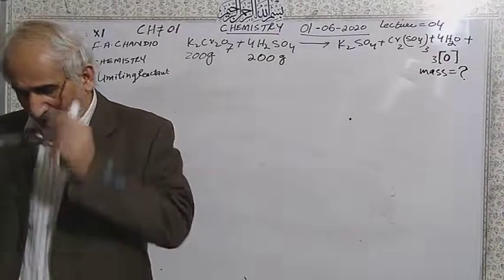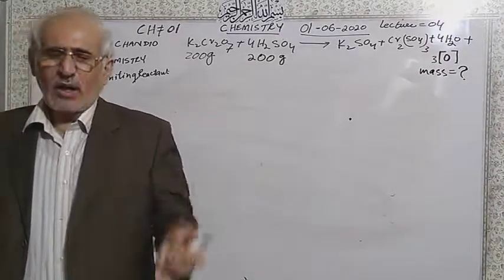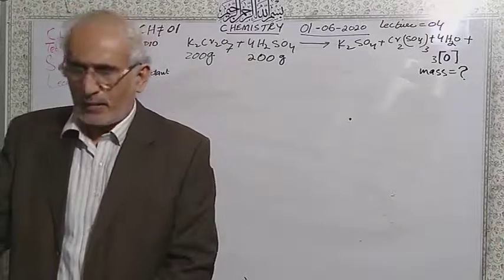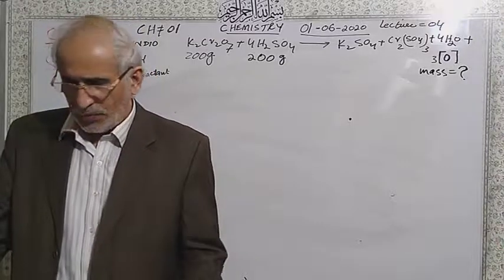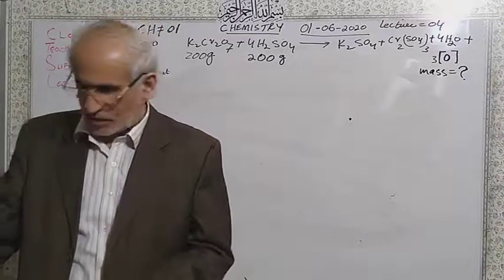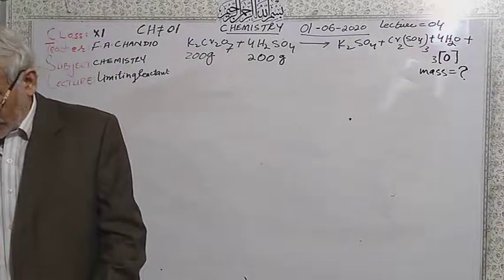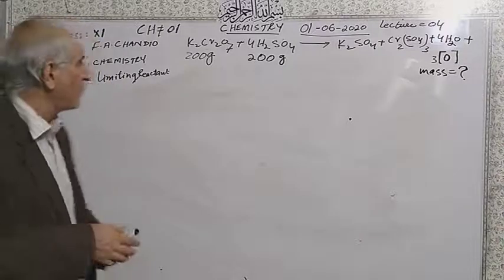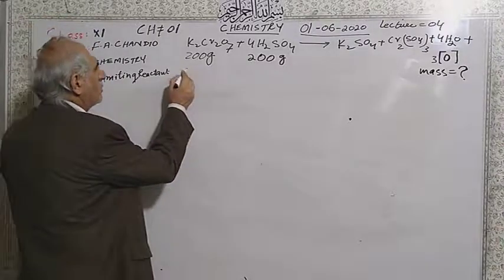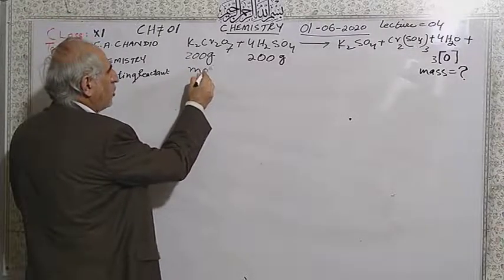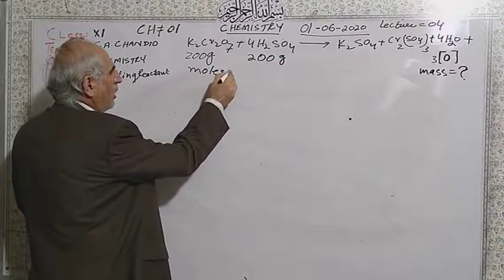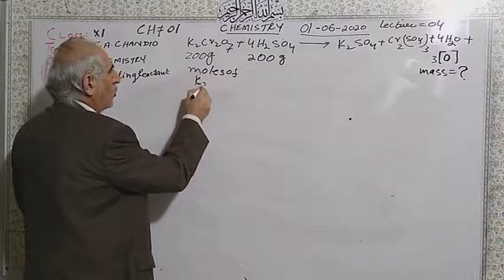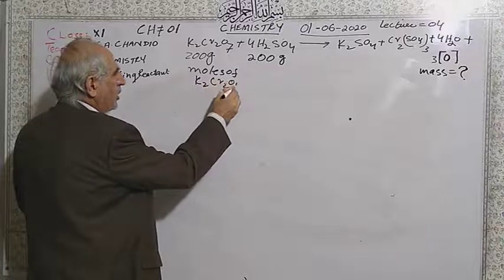So from the atomic masses, you have the periodic table and see the atomic masses: chromium 52, potassium 39, and oxygen is 16, and total mass of potassium dichromate is 294. So, dear students, moles of potassium dichromate.